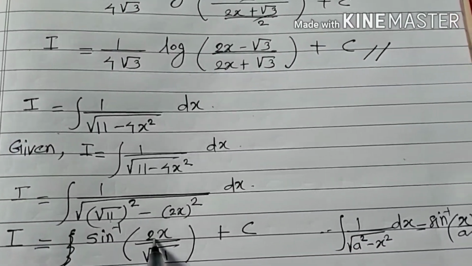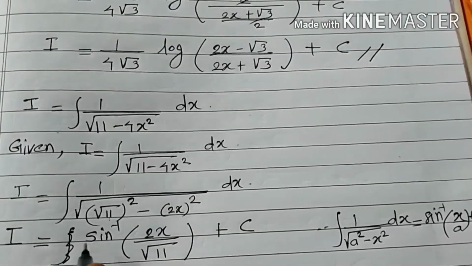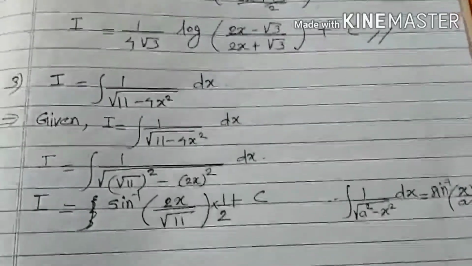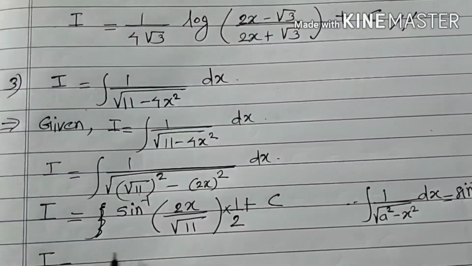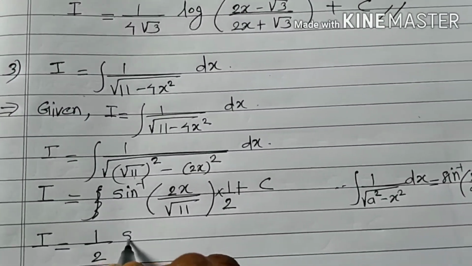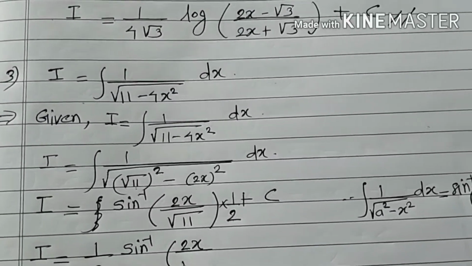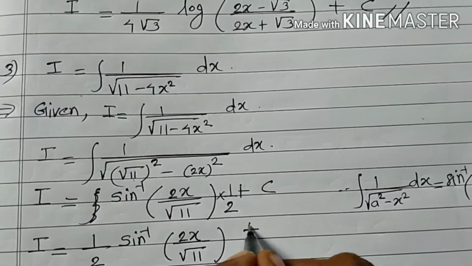But 2 is the multiplier of 2x, that's why it is balanced by 1 upon 2. So our final answer is I is equal to 1 upon 2 sine inverse 2x upon under root of 11 plus c.